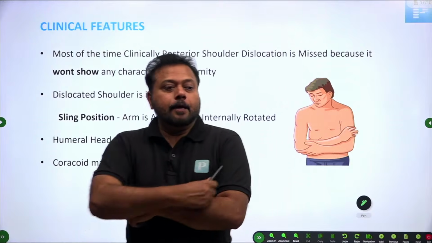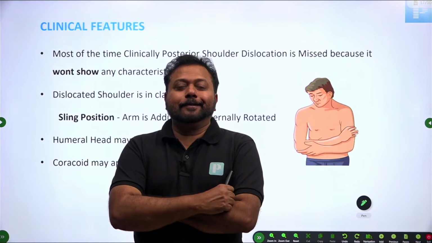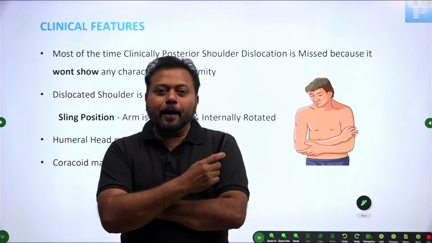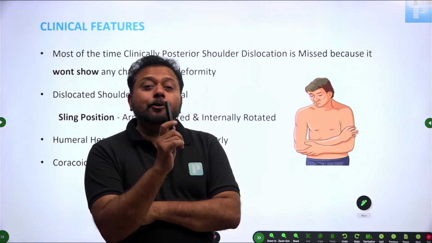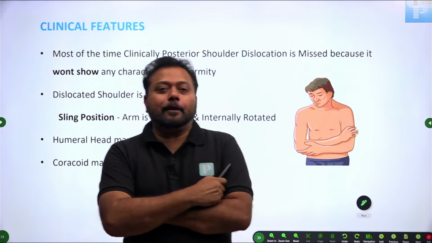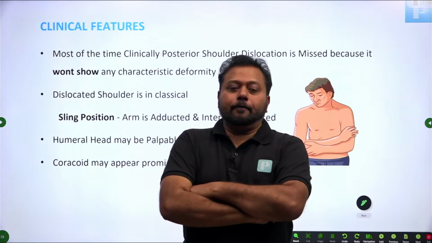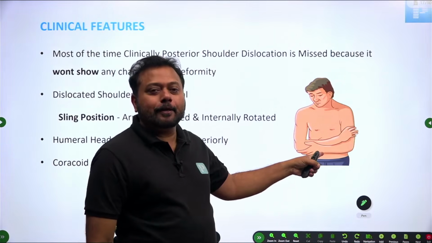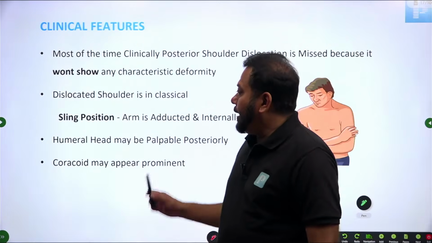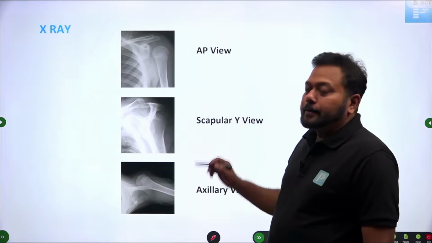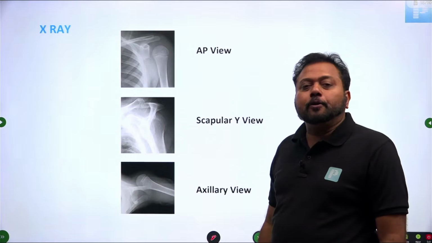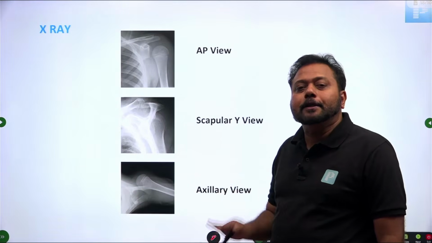What can you identify? Patient has to tell he is having pain. So the upper limb appears near normal, because most of us when we stand, we are standing only like this. The patient will be in this position only. It's called sling position. And in X-ray, in anterior shoulder dislocation and inferior shoulder dislocation, there is no named radiological sign.